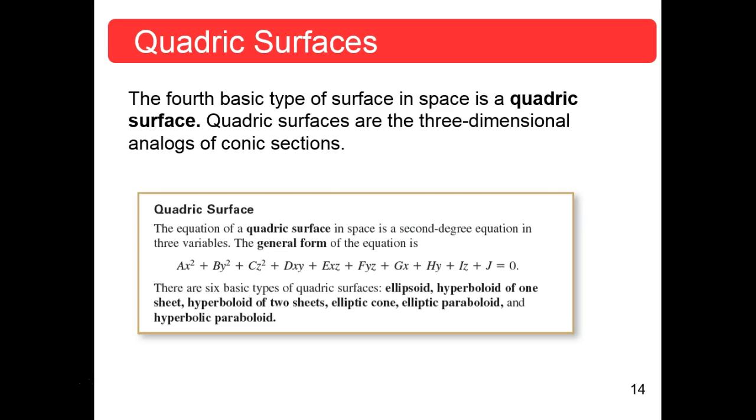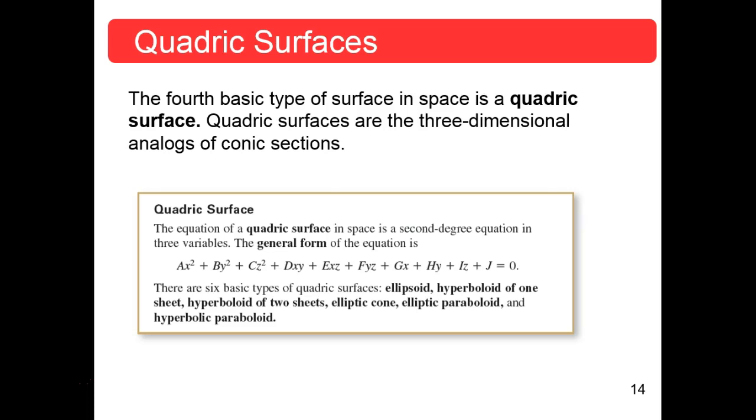That's the elliptic paraboloid. All three of these the same sign, they're all squared, ellipsoid. Okay? Elliptic cone, we'll get to that one and the hyperboloids. It's sort of hard to describe without seeing them.